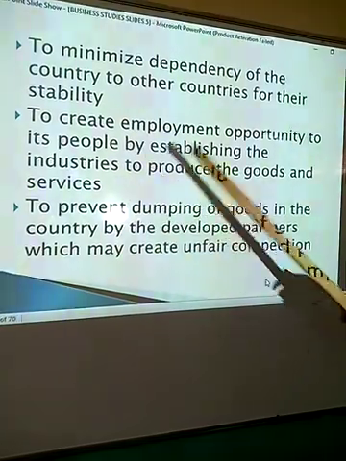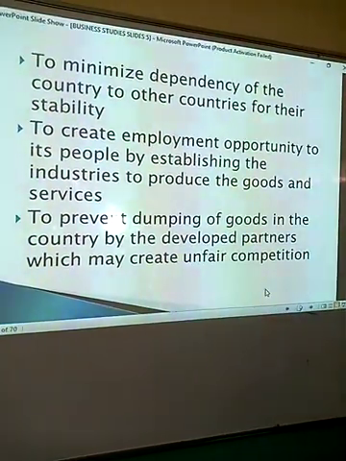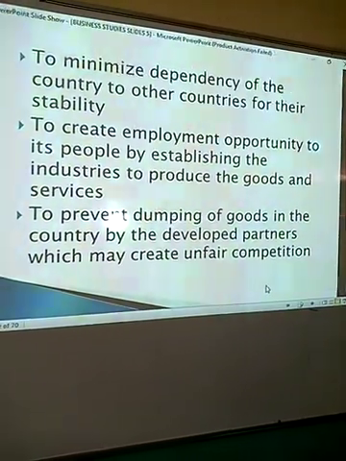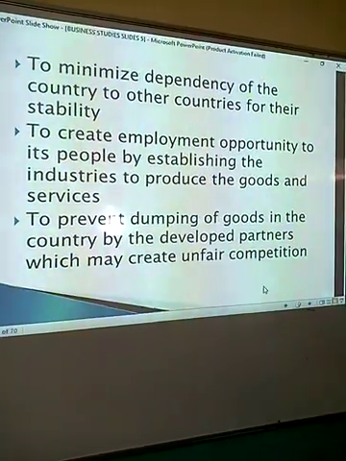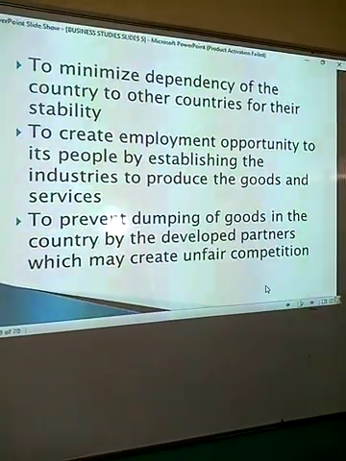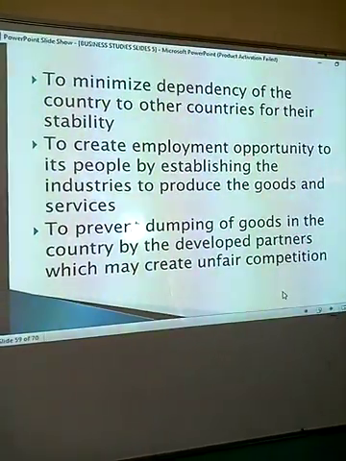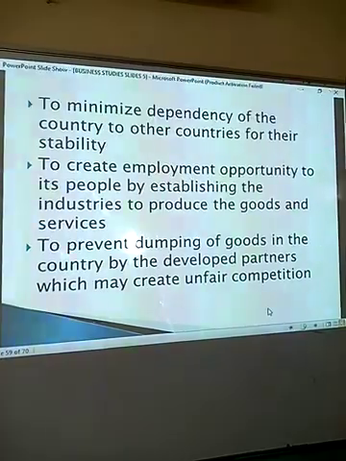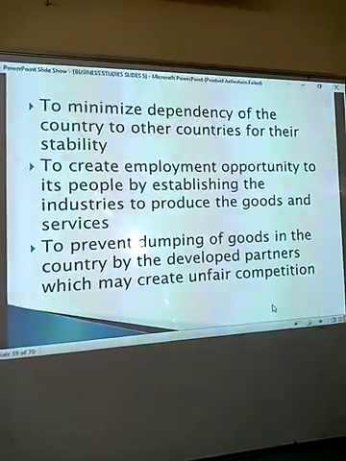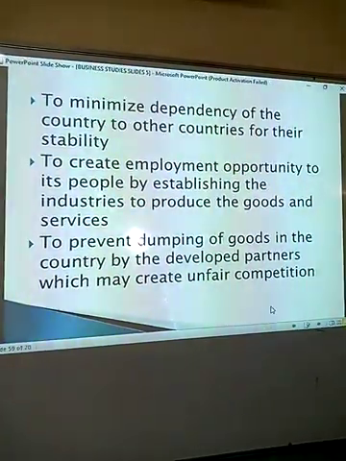Another reason is to create employment opportunities for its people by establishing industries to produce goods and services. Members of a country need to be employed, and this can only happen if a country establishes industries within its own borders.